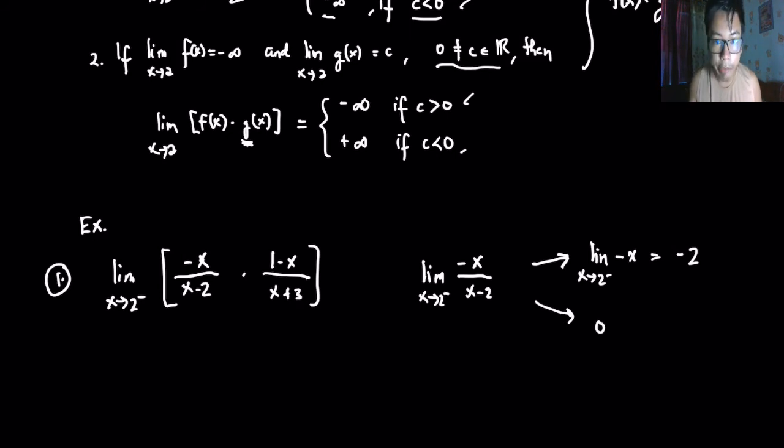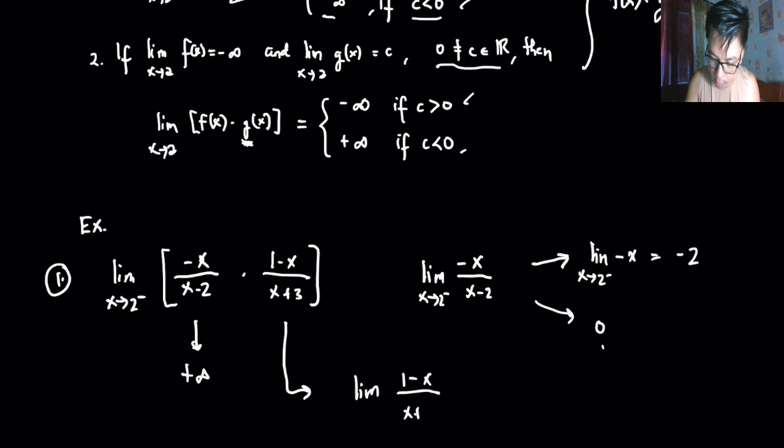So that means it qualifies for the theorem from the previous video. But where does it approach? The denominator approaches 0 from the negative values, and the numerator is negative, so entirely this is positive infinity. However, let us double check: what's the limit of 1 minus x over x plus 3 as x approaches 2 from the left?